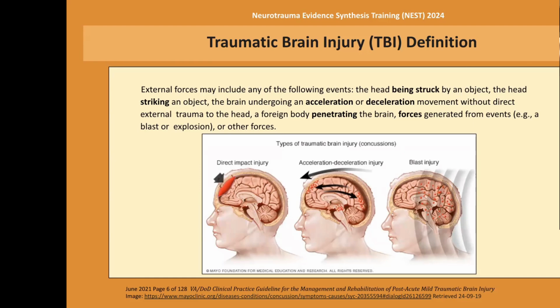As typical with like a whiplash car accident, there could be a sudden acceleration or deceleration. And basically, you can see the red parts at the front and back of the brain there, where you're creating that contusion at the front or the back as a result of the brain moving within the cerebral spinal fluid and making contact and creating that effect.